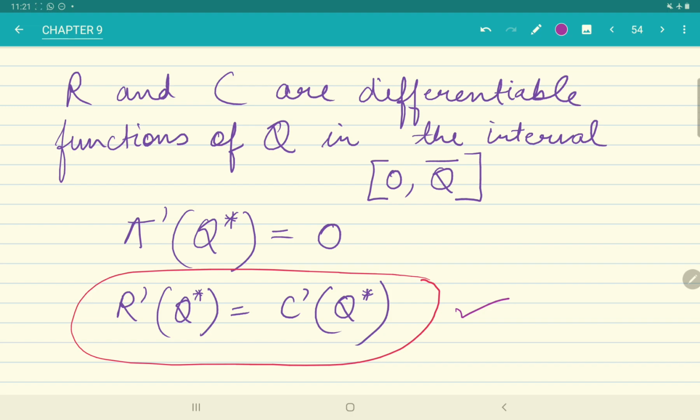So I find the stationary points, and obviously in this case I have assumed that the profit function does not attain a maximum at q is equal to 0 or at q is equal to q bar. What does that mean? That means I just take up all the stationary points from this condition that r prime q star is equal to c prime q star. I get all the stationary points.